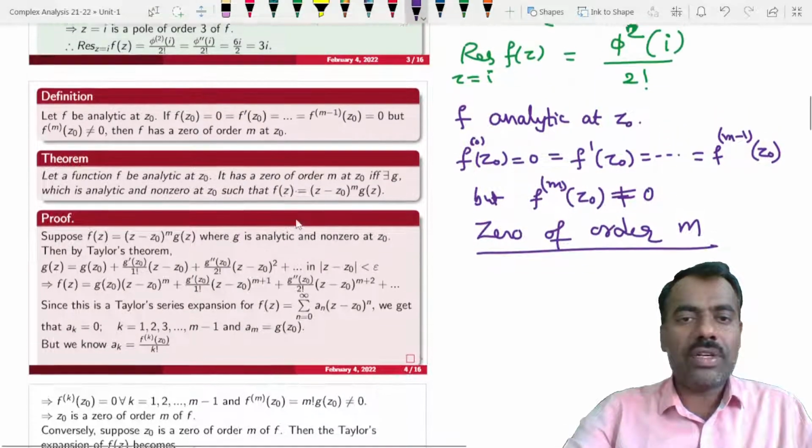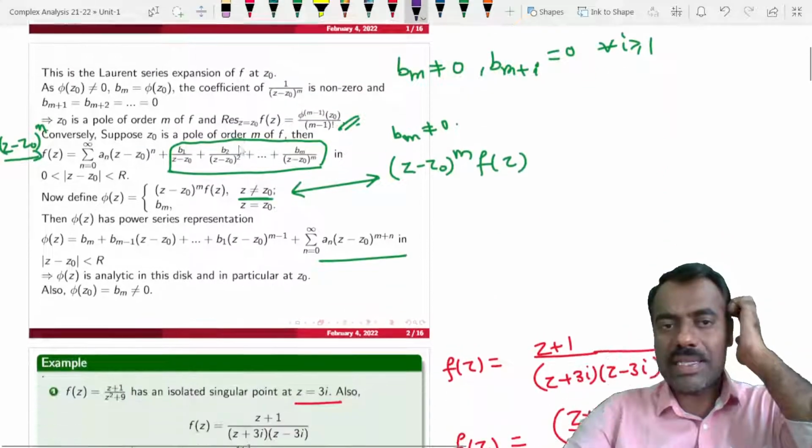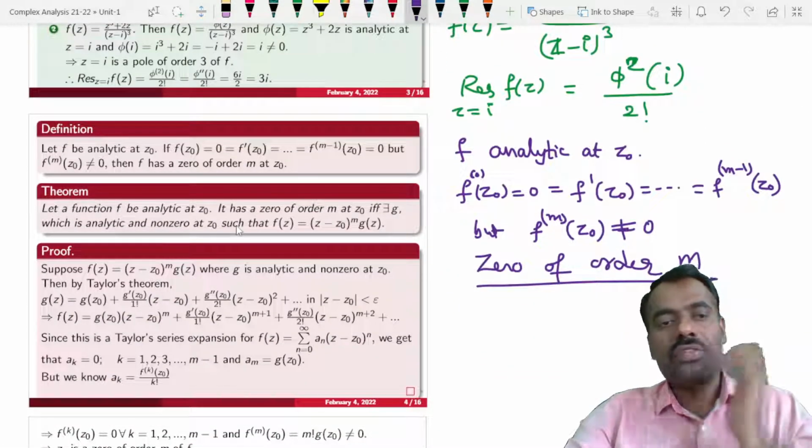Then, just like how we have a characterization for a pole, we can also have a characterization for zeros of an analytic function.